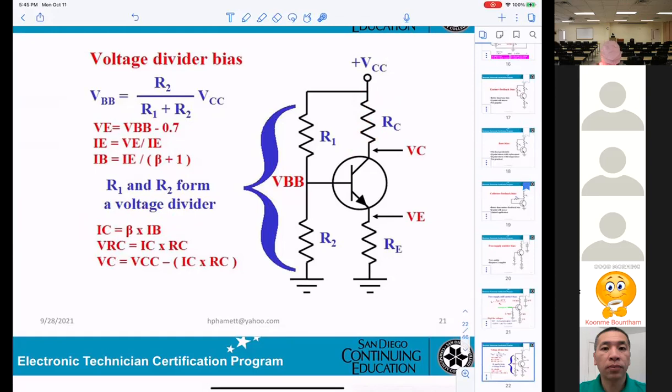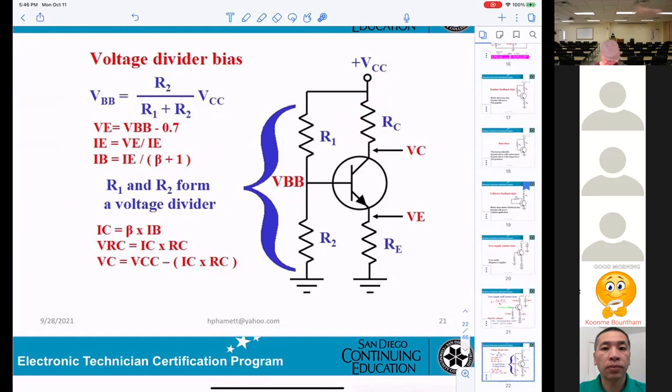If you want VC, the voltage from collector to ground, then you get VCC minus IC times RC. That means the difference from here to this voltage here: you have to see how much drops here, and the leftover will be VC. This formula is used all the time.